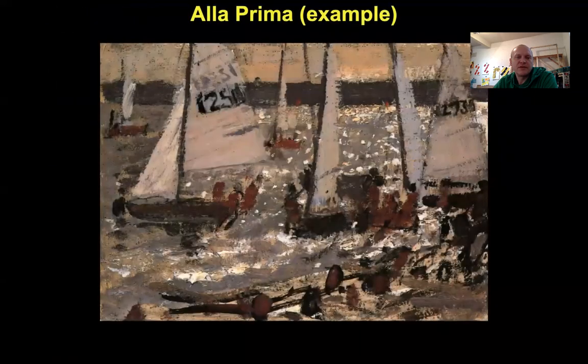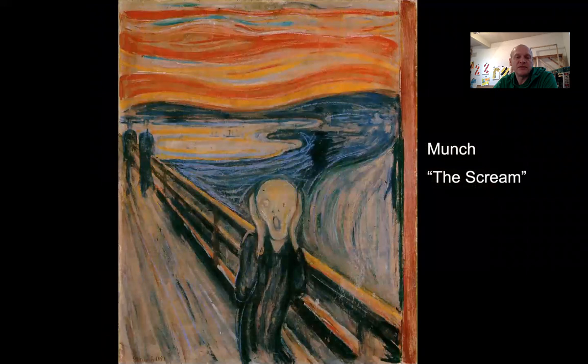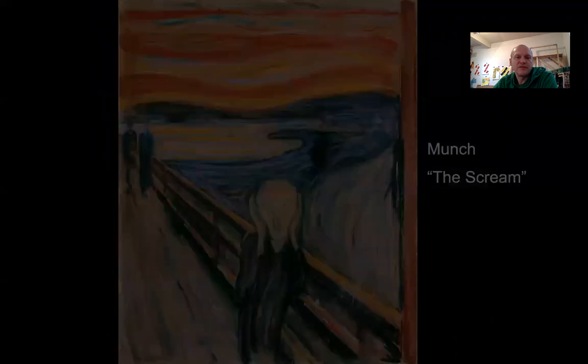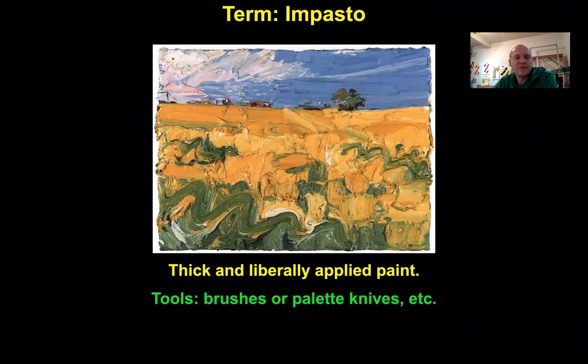And here's an example, another example. Building on top of that idea, we've got impasto. Impasto is when you've got really thick paint and it's just liberally applied. You would use brushes or palette knives or whatever, and we've got this real actual texture to the paint surface.